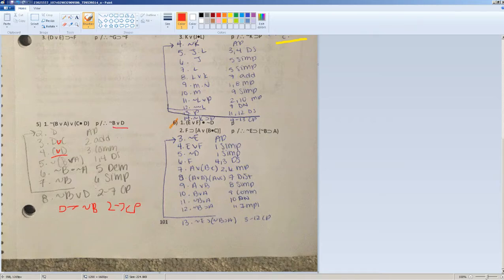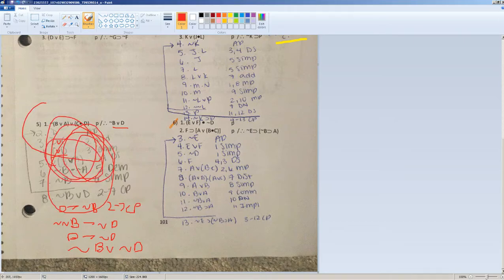How you would get into that form is probably by doing a contra. So you would have a not B, then not D, right? And then implement it. Well, then you would double negate it, so it would be B, then not D, then implement it, so it would be B or not D. And it's close, but no cigar. That's why, like I said, we gotta do a little bit of work on 5.